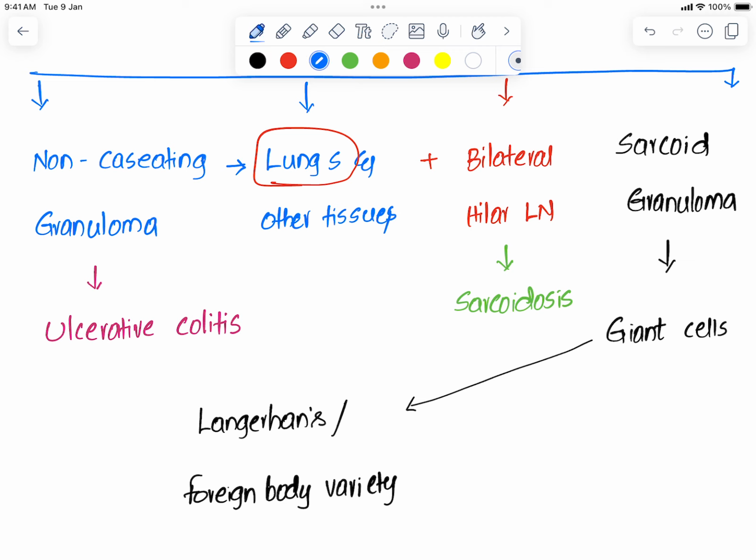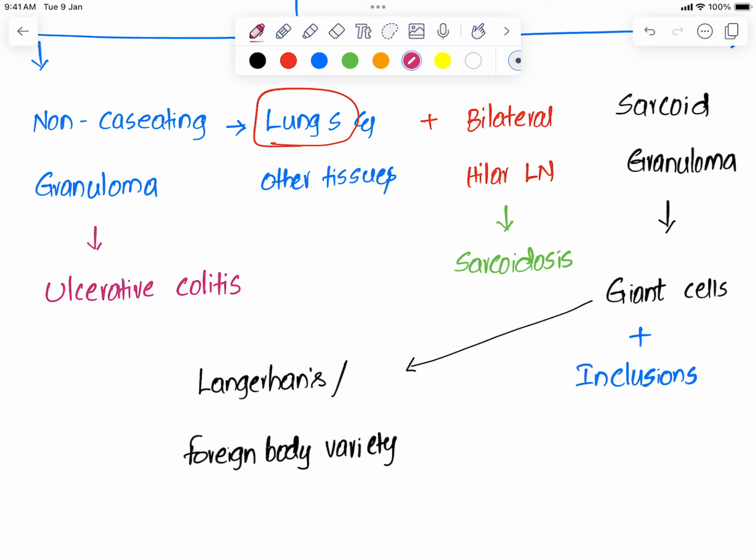Along with these giant cells, within the giant cells you have the presence of inclusions. We can remember these inclusions with a mnemonic, SAR. S stands for Schaumann bodies.